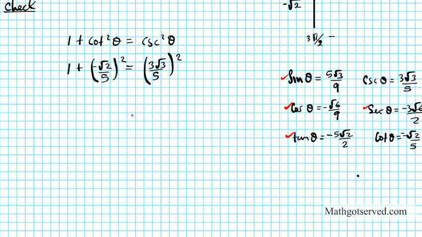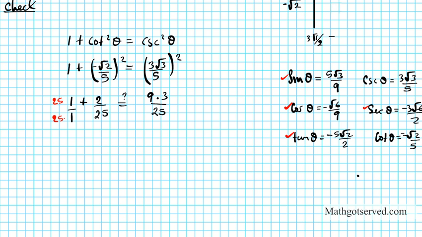Let's work that out. We're going to have 1 plus, if you square root 2, you get 2 over 25. Is it equal to, if you square this independently, 9 times 3 over 25? On the right side, you have to find the LCD, so multiply by 25 top and bottom.